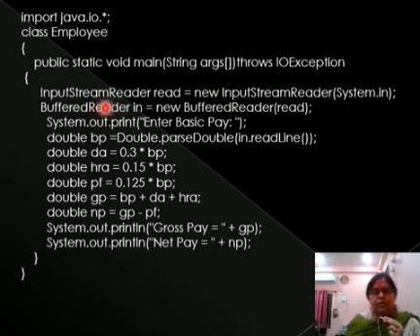InputStreamReader, BufferedReader. Here we just have to enter a basic pay. Okay, with the help of basic pay we are going to calculate the pay, because in the previous slide the percentage was given, how much percentage is going to be deducted or added in the payment. See, we have entered only our basic pay. With the help of double we have taken basic pay, Double.parseDouble.